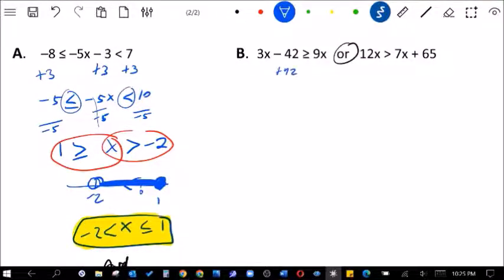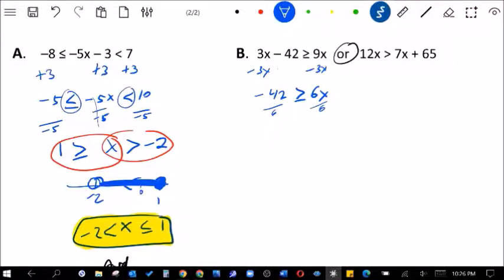So I'm going to add 42 to both sides. Well, I don't need to. I don't think I even need to do that because it's only one set of numbers. So I could, but actually we'll just slow the problem down. Let's move the x's. We get -42 greater than or equal to 6x. And now I'm going to want to divide by the 6.